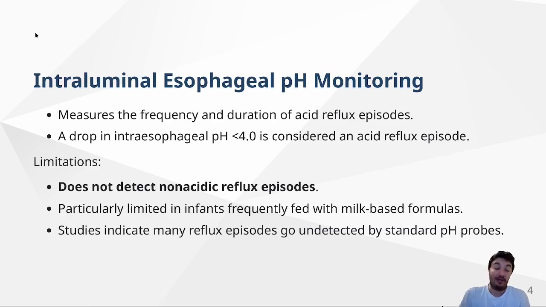For example, if you are on an anti-acid medication, you can have some content going into the esophagus that shouldn't be there, but you can't detect it with this kind of measurement. And for infants, if they are breastfed with milk or with milk formulas, this can actually avoid triggering the detection.